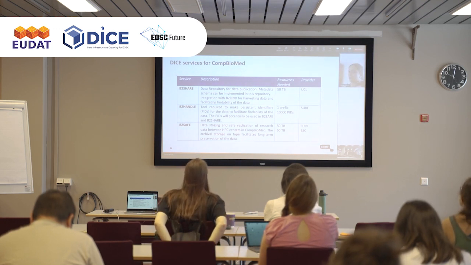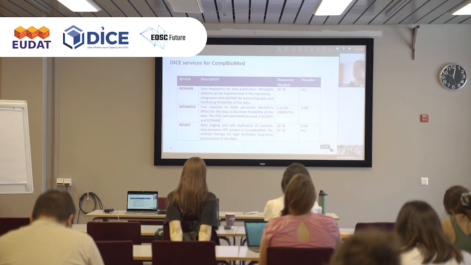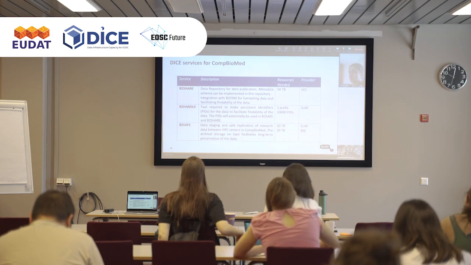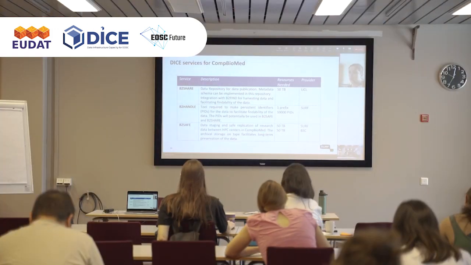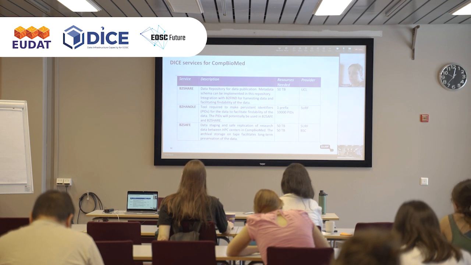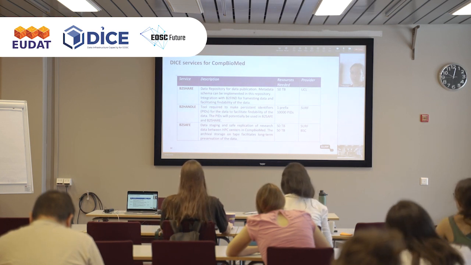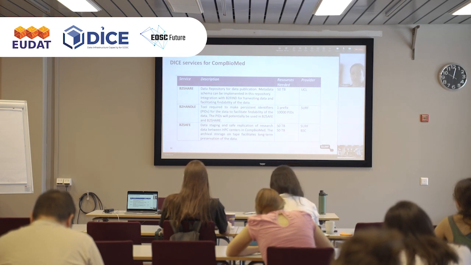The B2Handle was to create persistent identifiers to make sure that the data is findable, and the B2Safe was for data staging and safe data replication. So basically, with the federated network of B2Safe, we bring the data close to compute and also make sure that safe replicas are available.